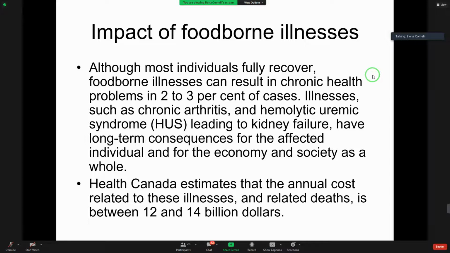It has been estimated that in 2 to 3% of the cases, these foodborne illnesses can result in chronic health problems that include the hemolytic uremic syndrome that I mentioned earlier, which ultimately could lead to kidney failure, and other conditions such as chronic arthritis. Health Canada estimates that the annual cost related to these illnesses and deaths is between 12 and $14 billion.